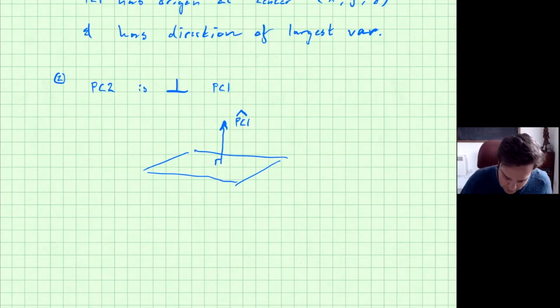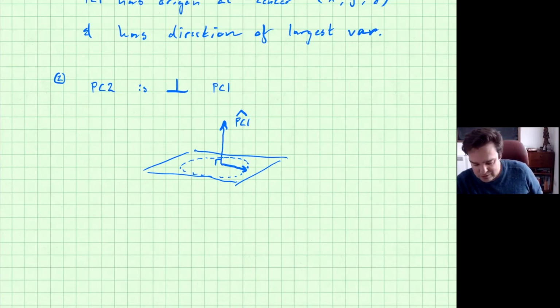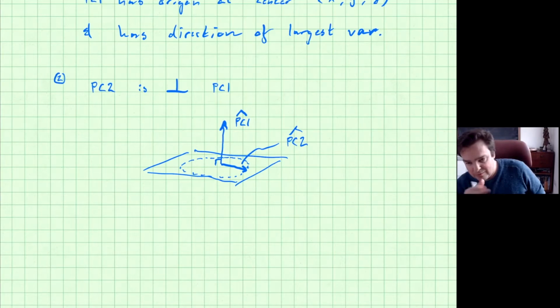Now there's a whole circle of directions upon which you could point. You start from the center, they have the same origin, right? But this guy is PC2 hat. But where does the arrowhead land on that circle?